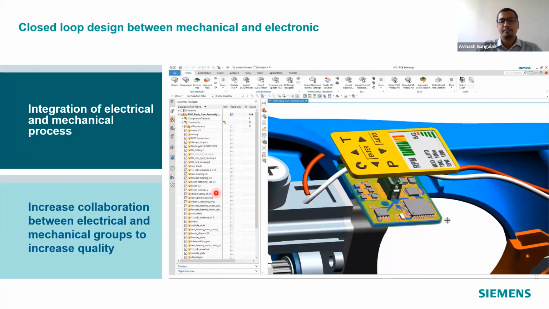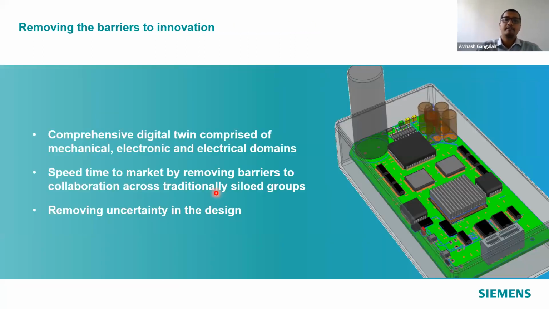You just saw a simple example of that, right? A key aspect is to ensure that both your teams, especially the mechanical and electrical teams, are able to talk to each other very seamlessly. That is very important, especially when our products are becoming more and more smarter, right?